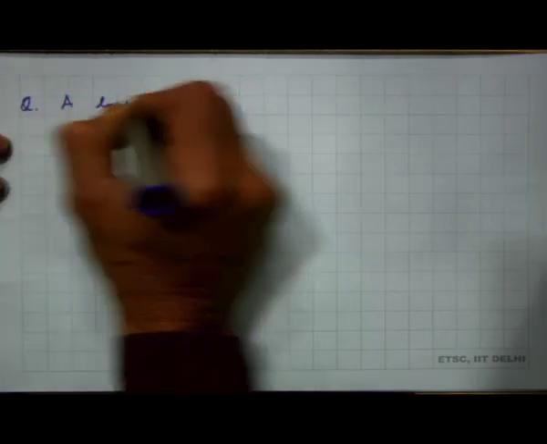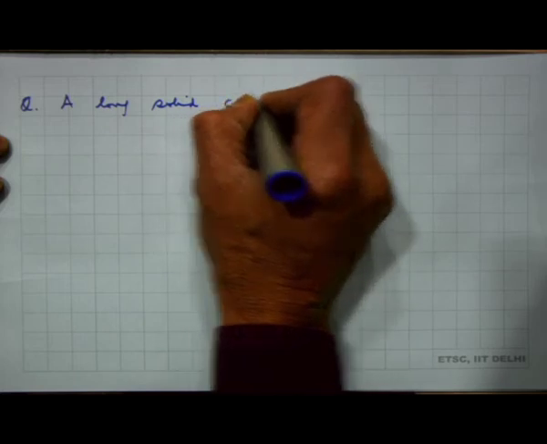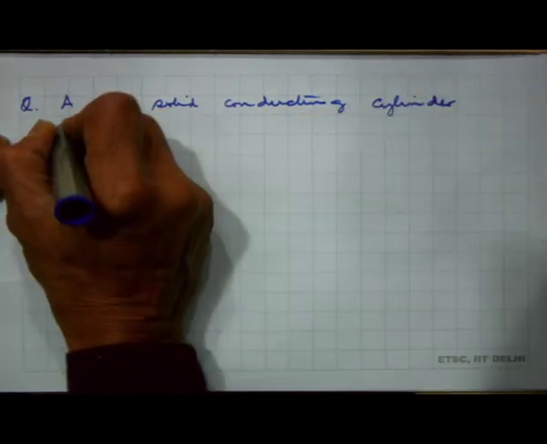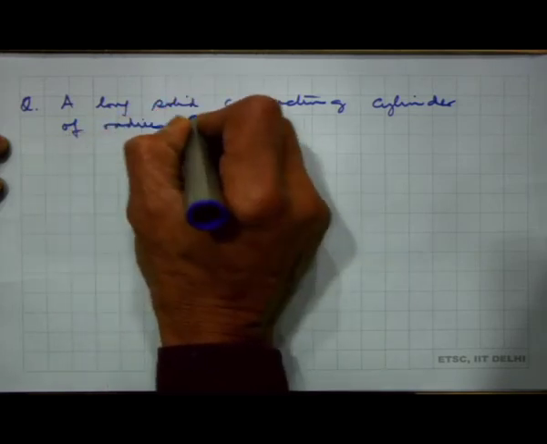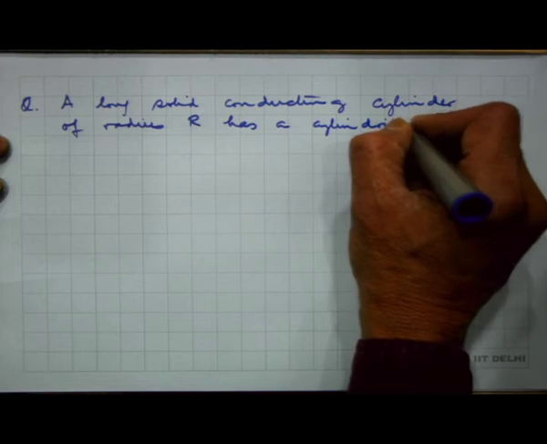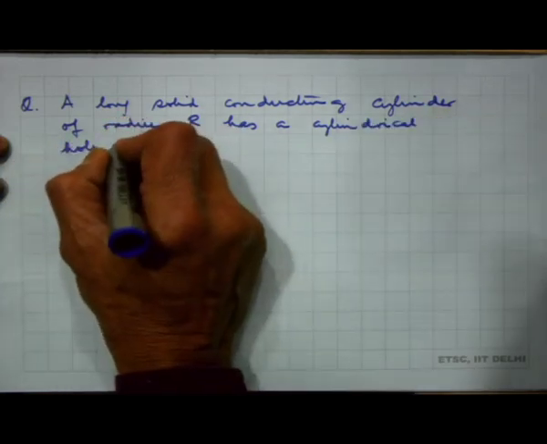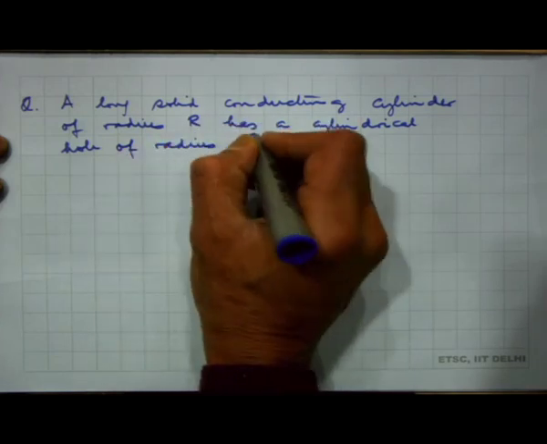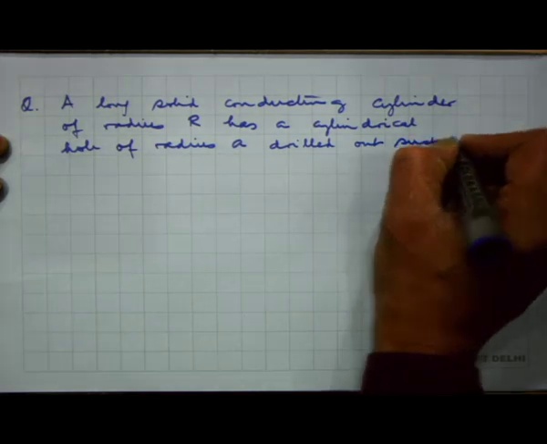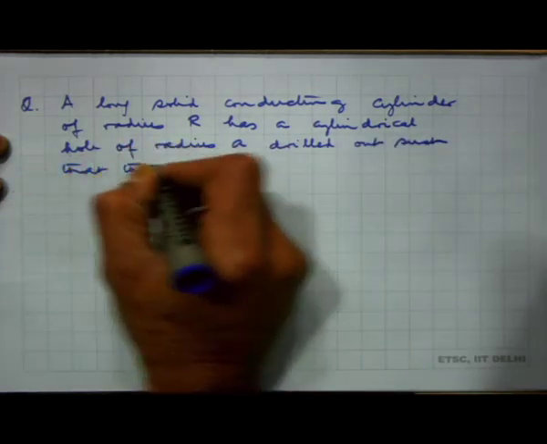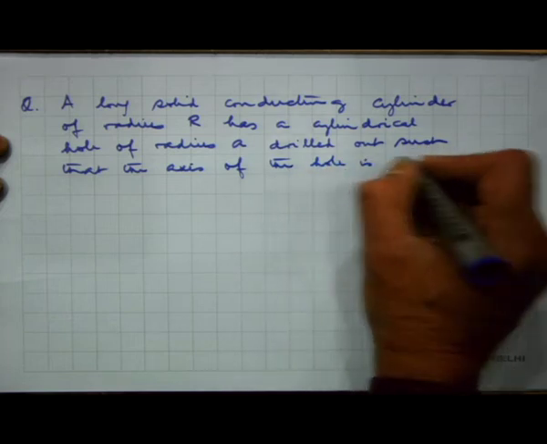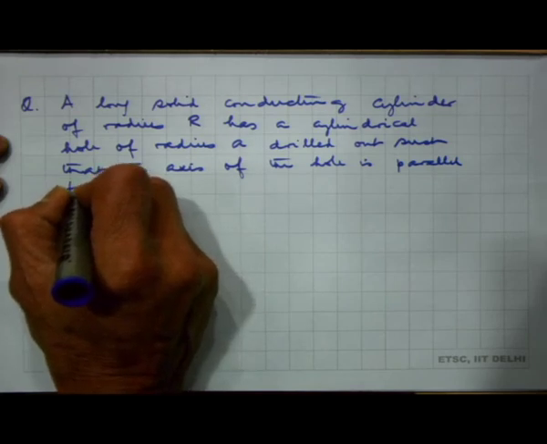A long solid conducting cylinder of radius r has a cylindrical hole of radius a drilled out such that the axis of the hole is parallel to the axis of the cylinder.